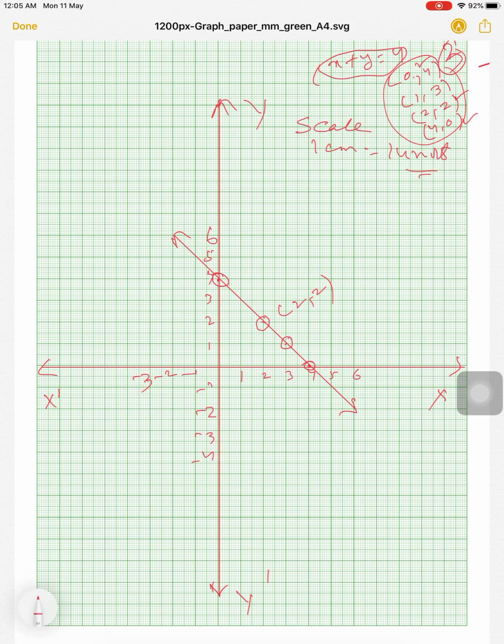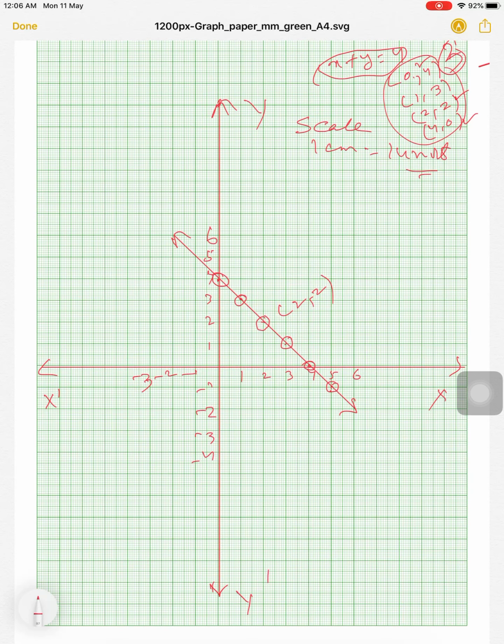This is also a solution of this equation. This point is 1, 3. This is also another solution. Here if I take this point, this is 5, minus 1. This is also a solution of this equation. So any point on this line gives you the solution of the equation, right?